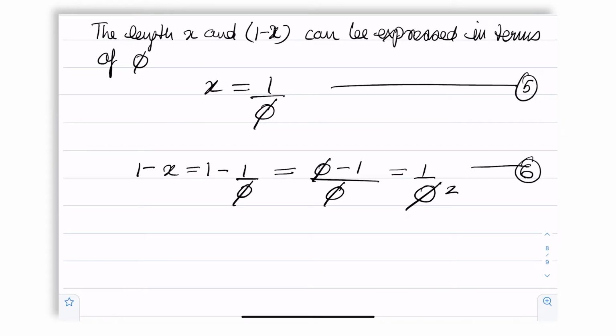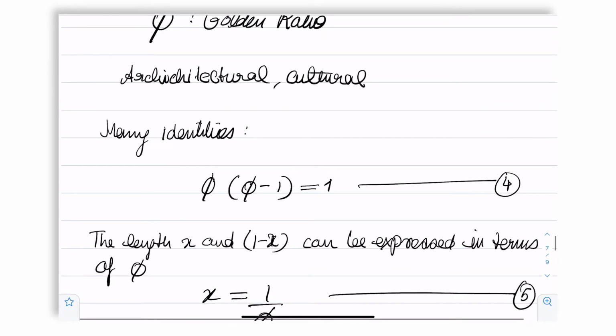This we obtain from here to here by substituting the equation 4, which is here.